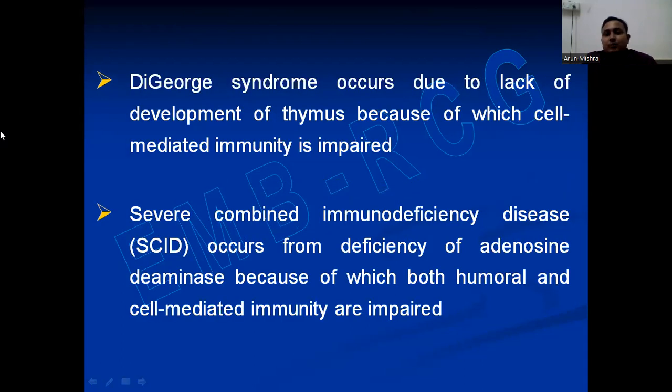DiGeorge syndrome occurs due to lack of development of the thymus, because of which cell-mediated immunity is impaired. Severe combined immunodeficiency diseases or SCIDs occur from deficiency of adenosine deaminase, because of which both humoral and cell-mediated immunity are impaired.